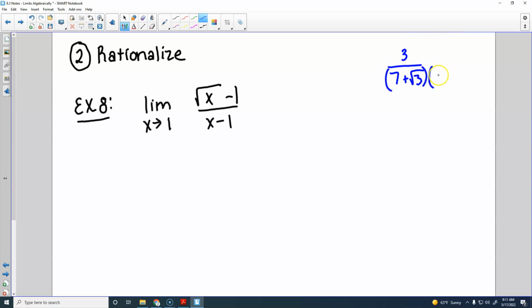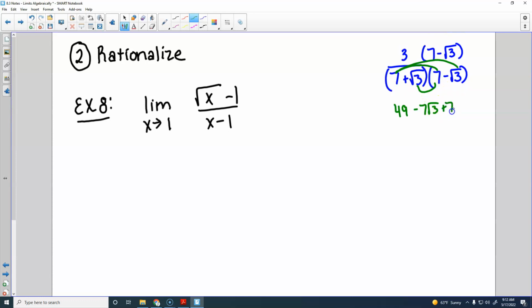Almost. 7, or what'd you say? Minus square root of 3, right? We did that on top and bottom because when we did that, 7 times 7 was 49. 7 times negative 3 was a negative 7 root 3.